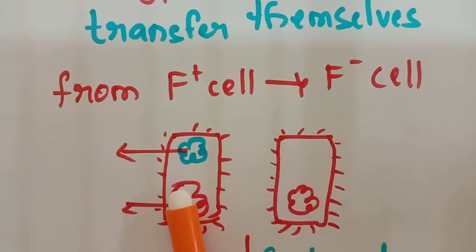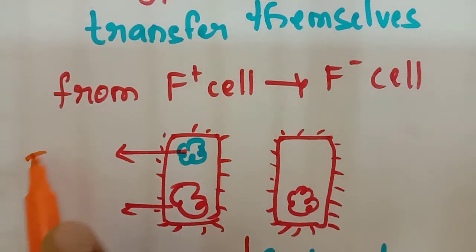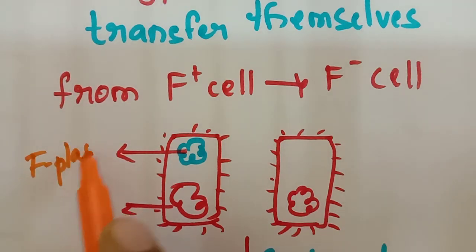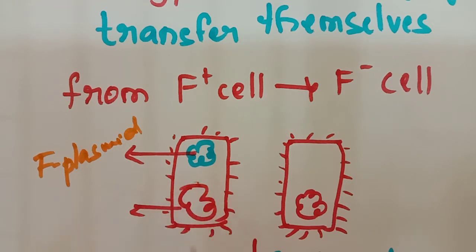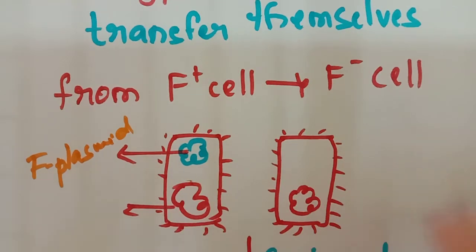The F plus cell has, in addition to the genomic DNA, the F plasmid, whereas the F minus cell has only the genomic DNA.